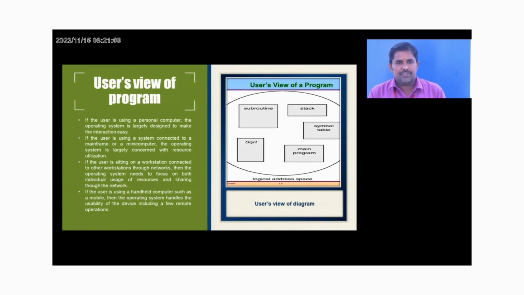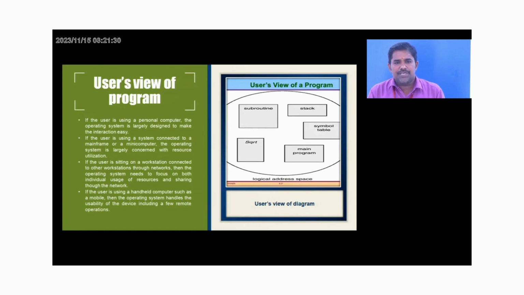The same user connected to a mainframe or minicomputer is concerned with resource utilization. When a user sits at a workstation connected to other workstations on a network, the operating system needs to focus on both individual usage of resources and sharing.